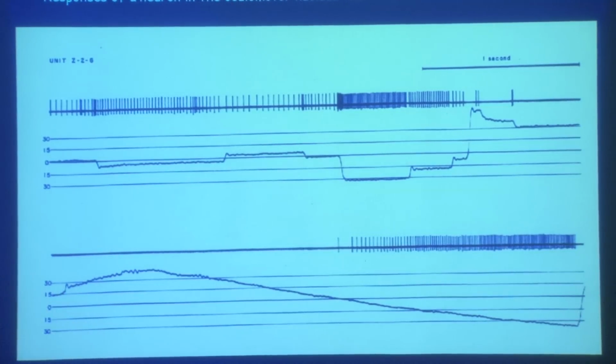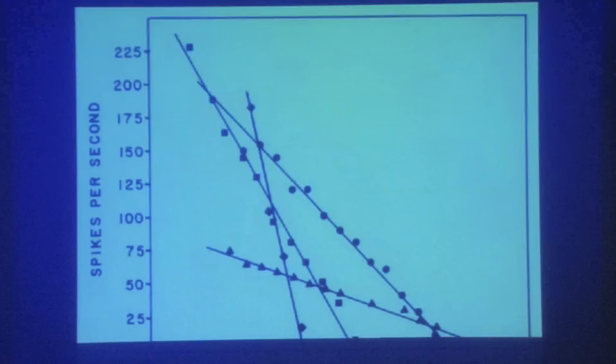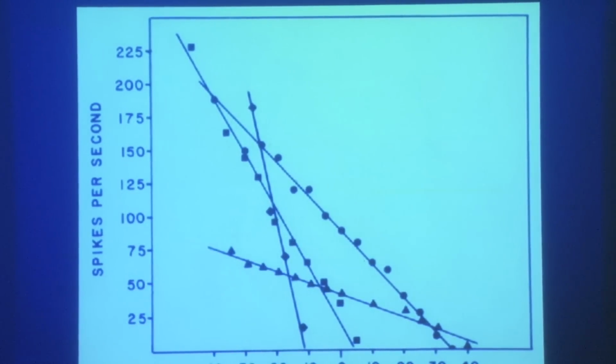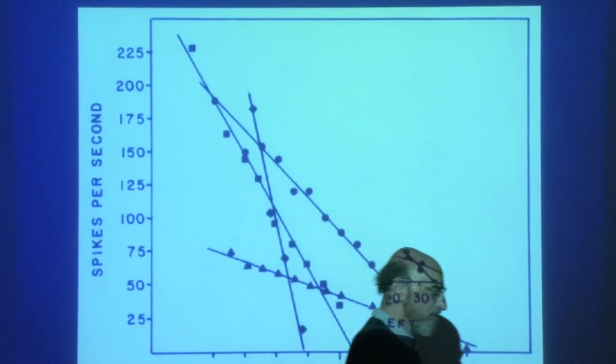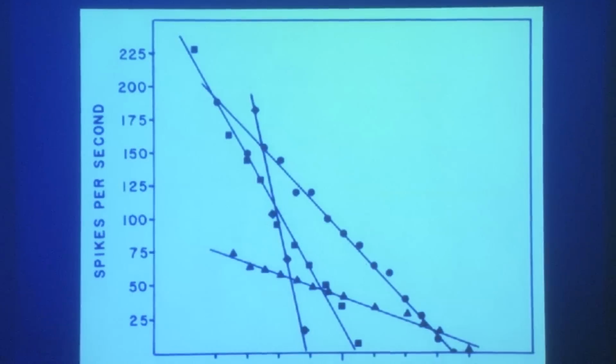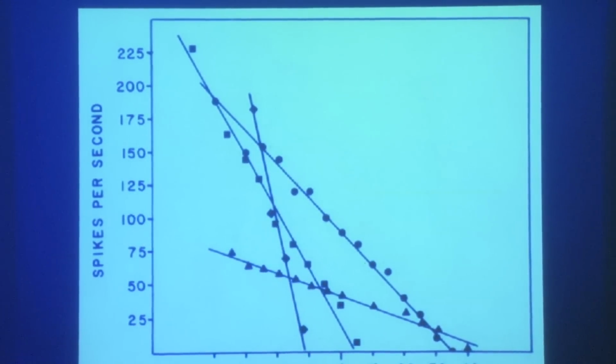And what is so lovely about this is that it's like a machine. If you collect data from several cells, and here's an example of it, and you look at the number of spikes per second and the angular deviation of the eye, it shows you that each of these 4 neurons acts in a linear fashion.